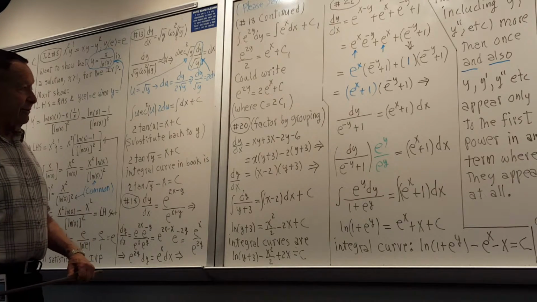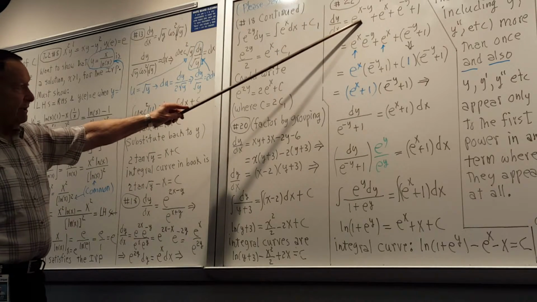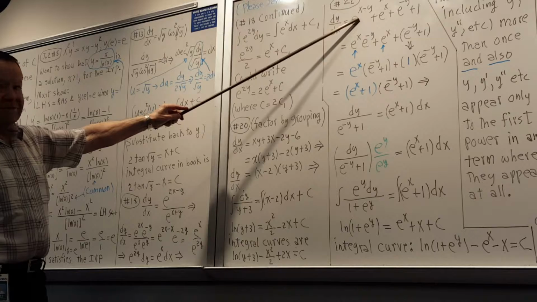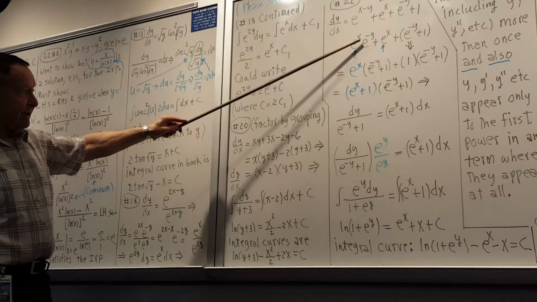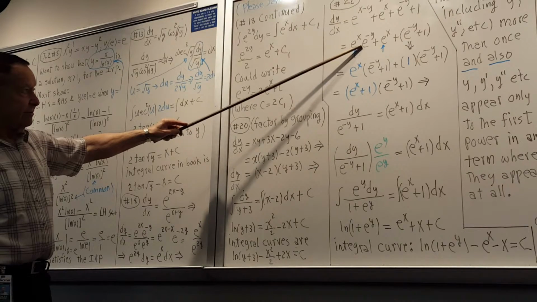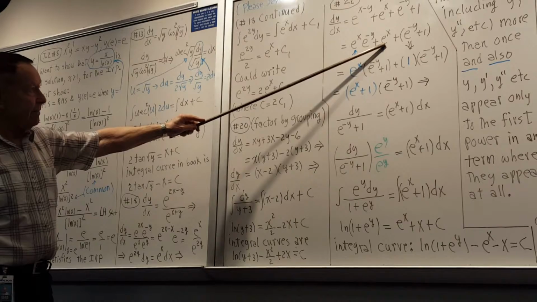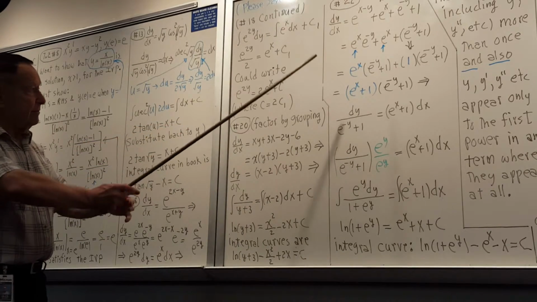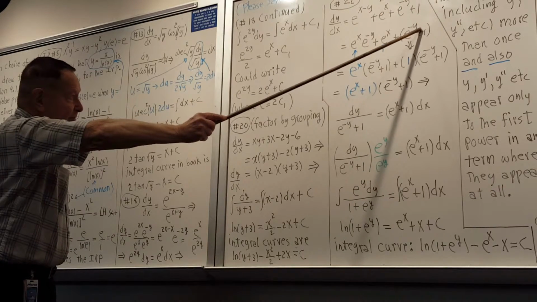Look at 22, which starts out like this. And this also is a factoring game. So here you can write the product of factors. And so you see an e to the x here and one there. And then you have the e to the minus y plus 1.